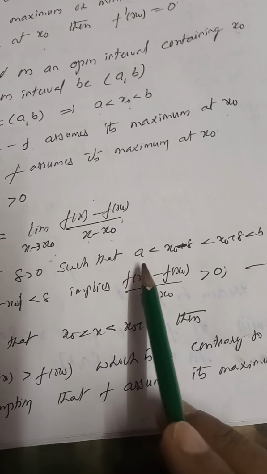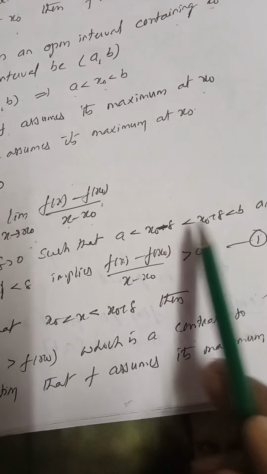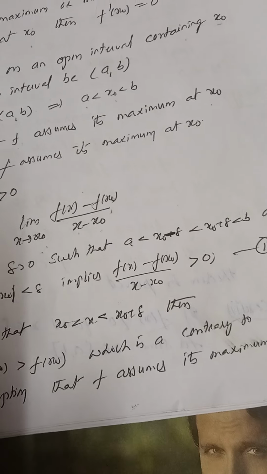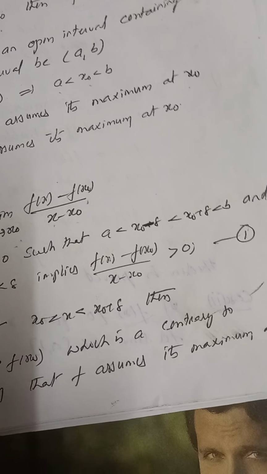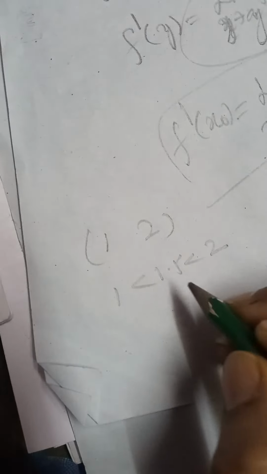Now, again, for this differentiation, there exists delta greater than 0 such that a is less than or equal to x naught minus delta, less than x naught plus delta, less than b. This is obvious. Suppose the open interval is 1 comma 2, and you take an x value 1.5, which lies between 1 and 2.